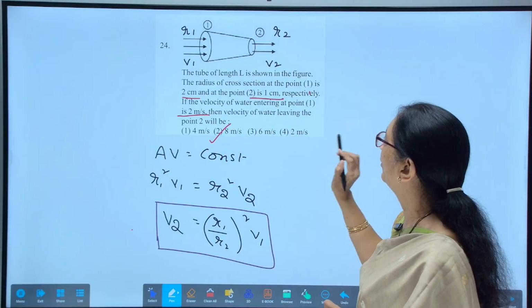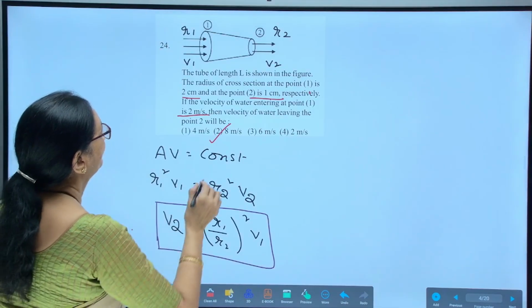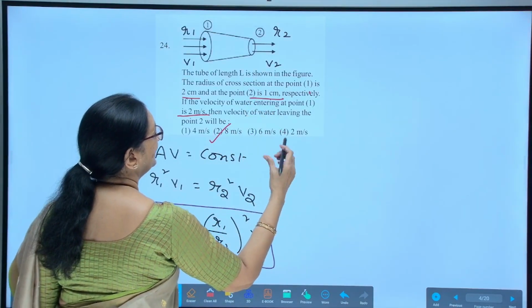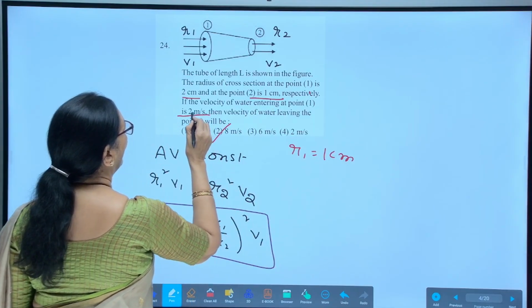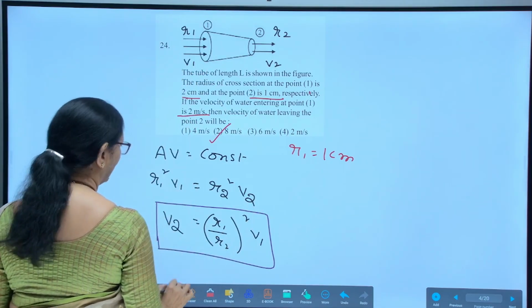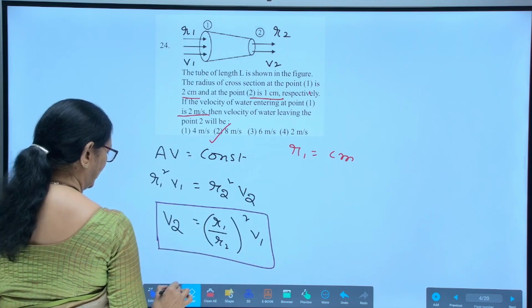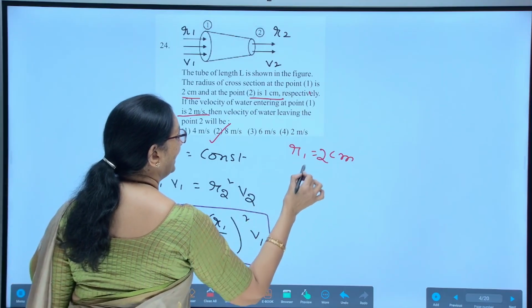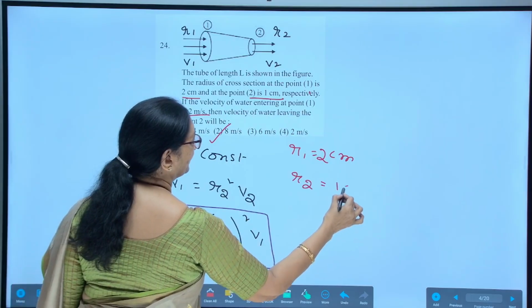So here what are the things given? At the wider point, R1 is given as 2 centimeters and R2 is given as 1 centimeter.